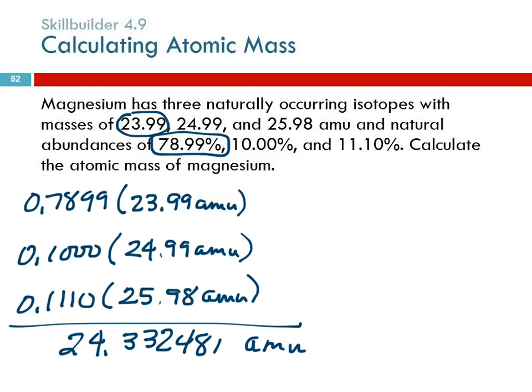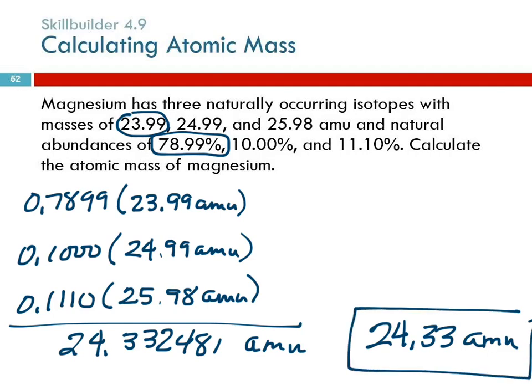So then we're going to round this to 4 significant figures, and we're going to call this 24.33 atomic mass units. Is that a reasonable number? Is it between the lowest and the highest? Yeah, that's a really good sign.